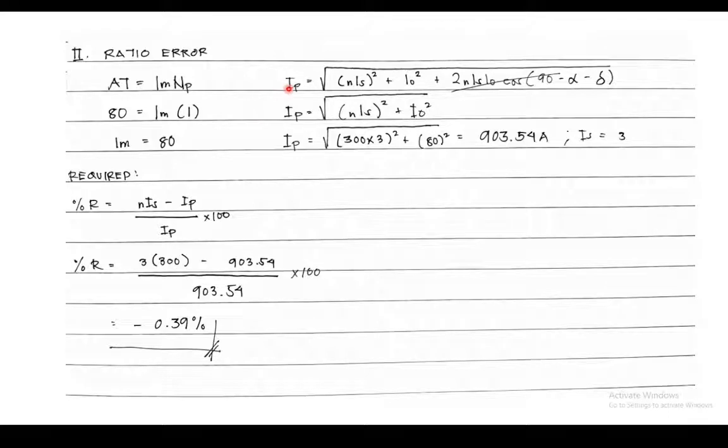Hence, yung alpha natin magiging 0. Therefore, yung excitation current will be equal to magnetizing current. So, ito yung formula natin. Yung formula na to, na-derive lang to sa cosine law of the phasor diagram of current transformers by using the parallelogram method of vector diagrams. So, anyways, nandun lang din yung derivation nito.